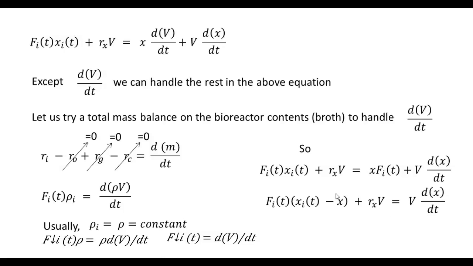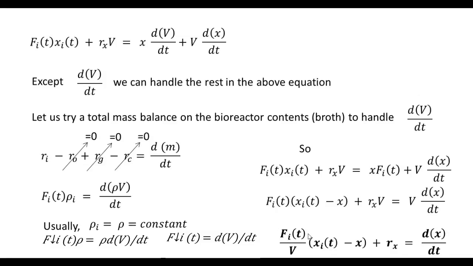Therefore, combining the like terms together, Fi(t) times (Xi(t) minus x), we have brought this to the other side, plus Rx V equals V dx/dt. All terms are known here. We can take things forward towards our ends. So this is the final expression here, dividing by the volume: Fi(t)/V times (Xi(t) minus x) plus Rx equals dx/dt.